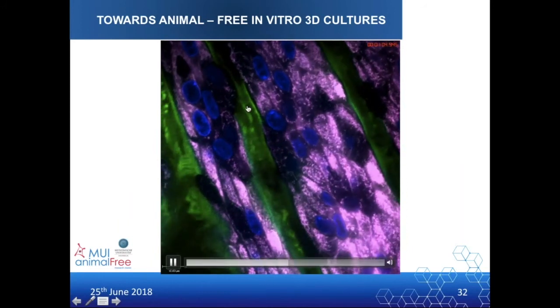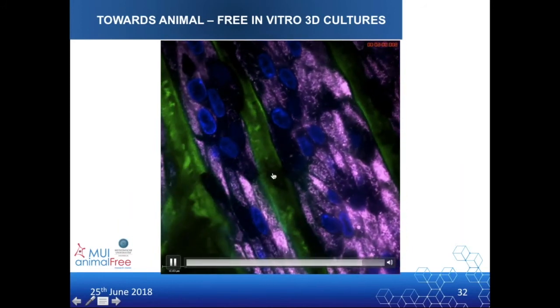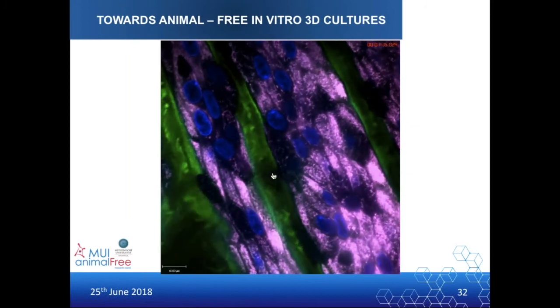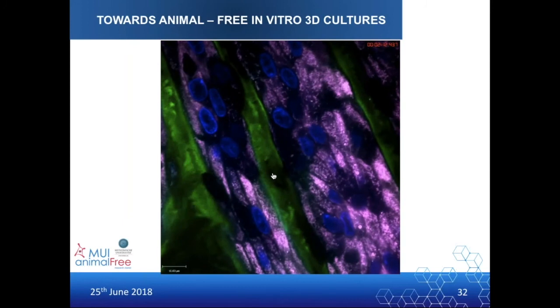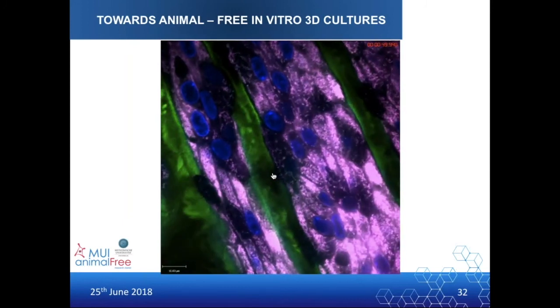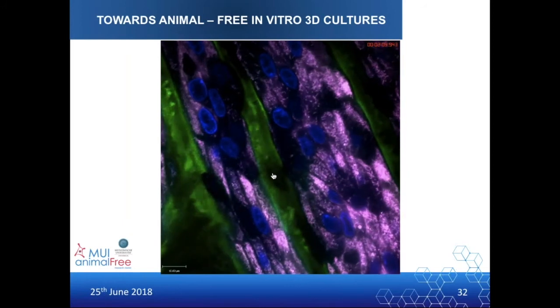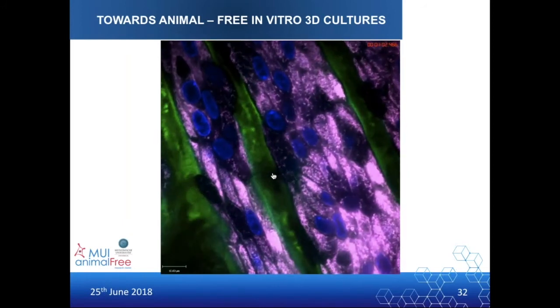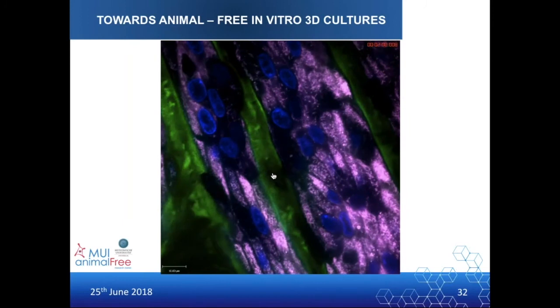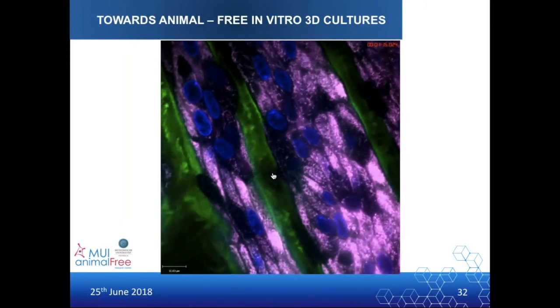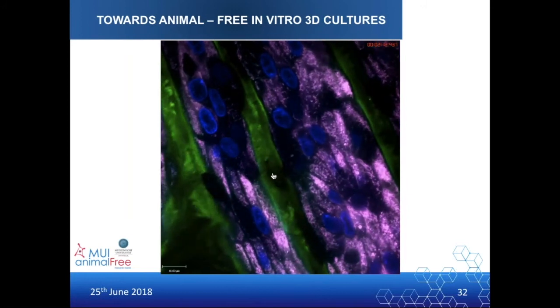You can also see here a very nice live cell imaging of those highly differentiated tissues. And in future, of course, we also want to apply these tissues in the Quasi Vivo system to see whether this further improves the development of the cells.